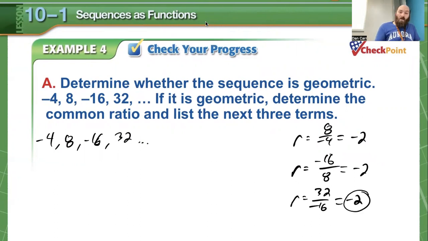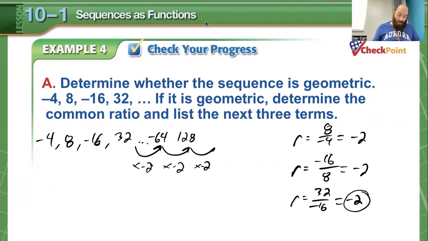That's fine. So yes, it's geometric with a negative common ratio, which means my 3 other steps are just going to multiply by -2 every time. So we can have negative numbers as our common ratios. If I do it the first time, I'm going to have a -64 and a positive 128, and then a negative 256. There's my 3 numbers there.